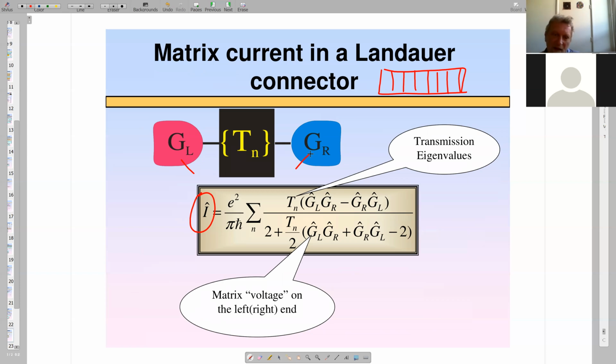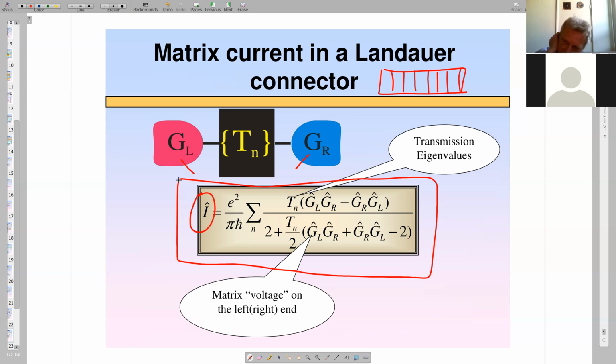This expression is non-linear, a bit involved, but it is the same for all quantum circuit theories. So in order to get the current, one should know the matrix voltages on the left and on the right. And it works like a current-voltage relation for elements of usual circuits, as in Kirchhoff's laws.